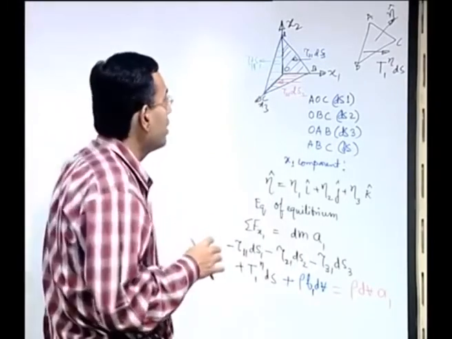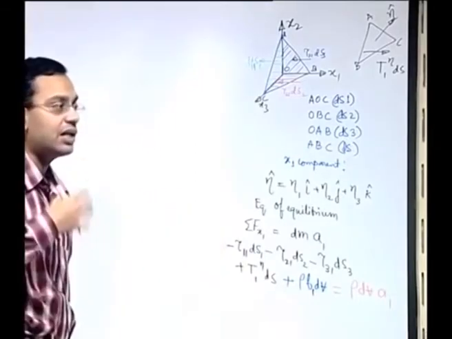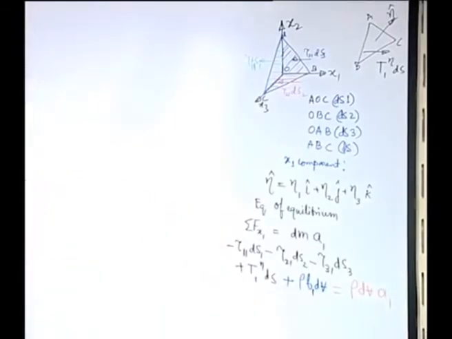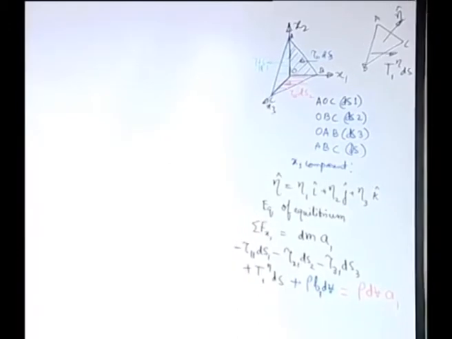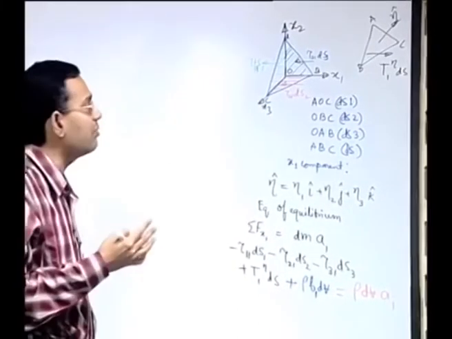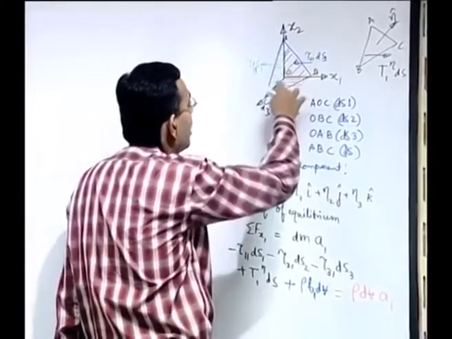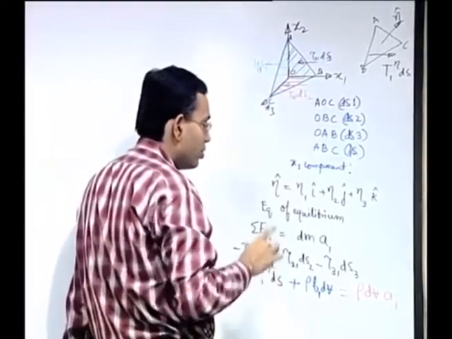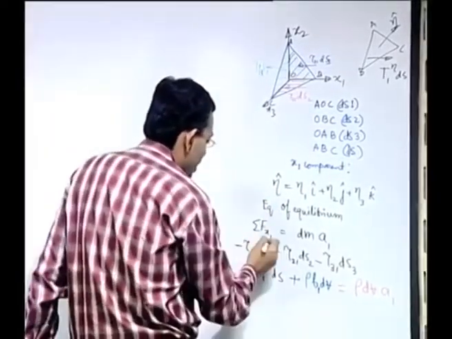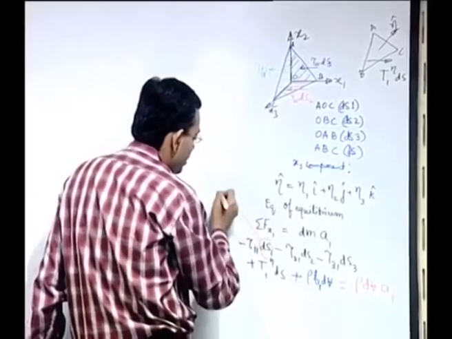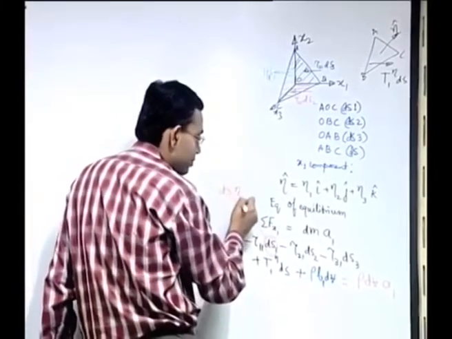So, that means in terms of an area vector representation, ds1 as an area vector is the projection of ds as an area vector on the x2 x3 plane. So, that means we can write ds1 is ds times eta 1.